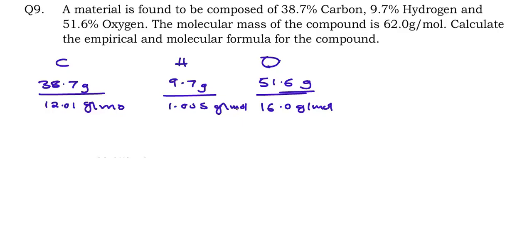To find the number of moles, which is our first step, we divide. For carbon we get 3.2223. For hydrogen we get 9.6230.